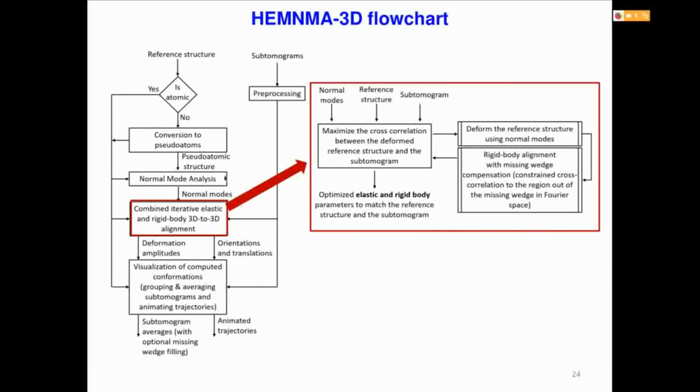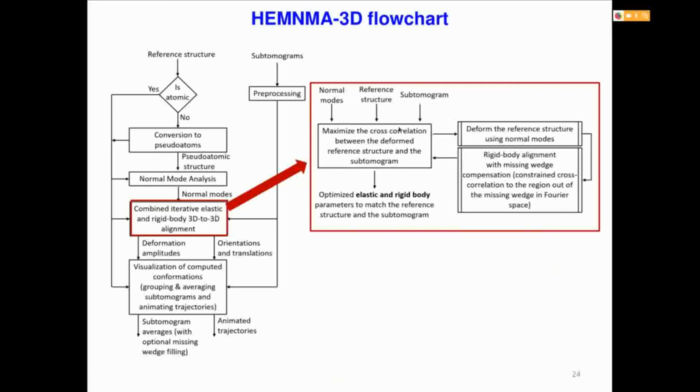The flowchart of HEMNMA 3D is very similar to the one of HEMNMA. The most different step is this combined iterative elastic and rigid body alignment that here, as I said, is 3D to 3D, where before it was 3D to 2D, and it also involves the missing wedge compensation.